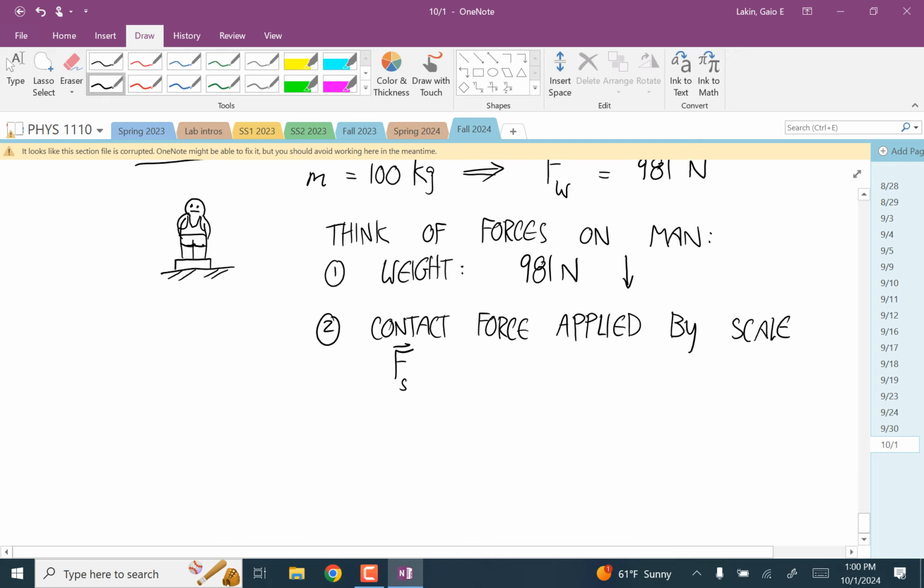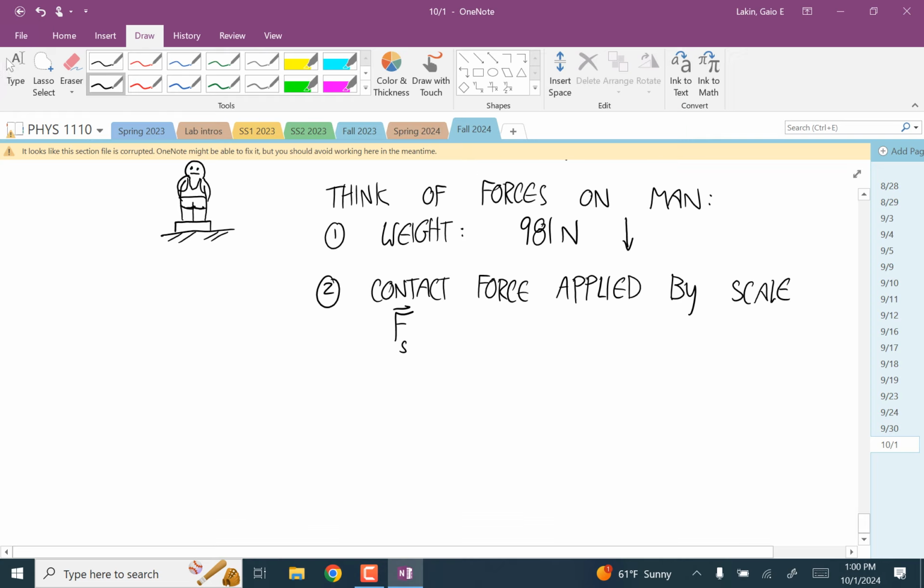And now let's put this into Newton's second law and calculate what that Fs is. So Newton's second law says we have a weight of 0, negative 981. Remember that F net in Newton's second law, the force, is just adding up all the forces on the thing that you're choosing to analyze.